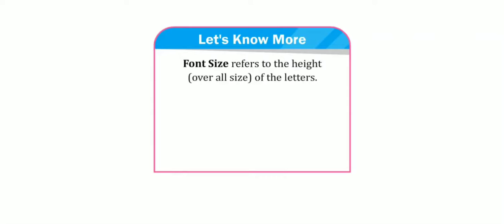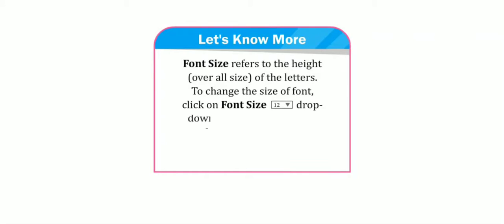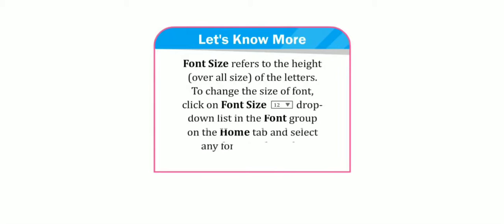Now let's know more. Font size refers to the overall size of the letters. To change the size of font, click on the font size drop-down list in the font group on the Home tab and select any font size from the displayed list.